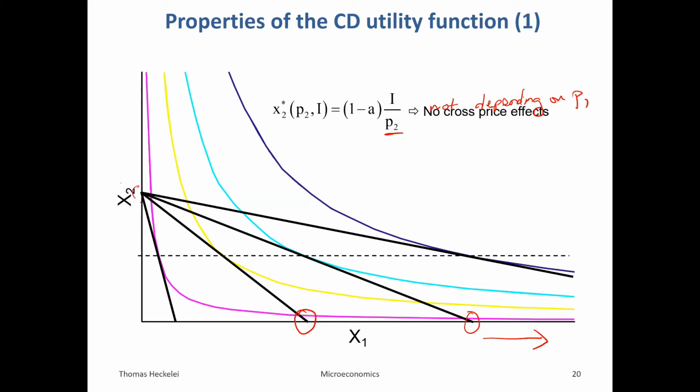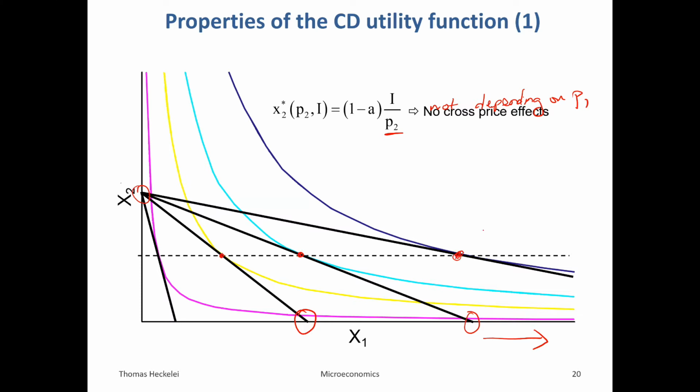Then every time your budget line becomes less steep, to get to a higher utility level, the indifference curve is now tangent with the new budget line. Consequently, you get a new optimum point.